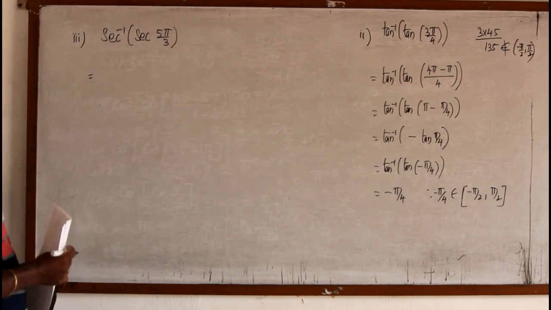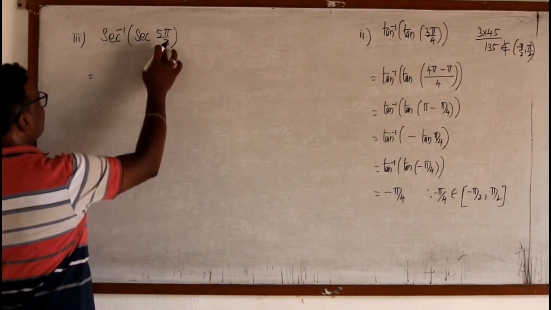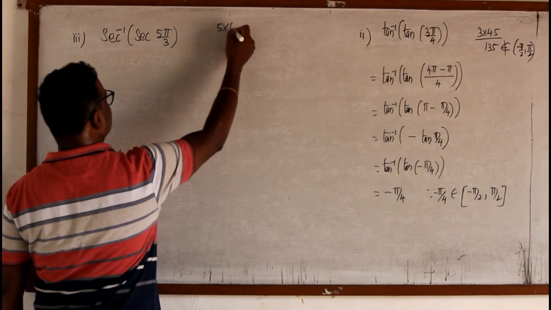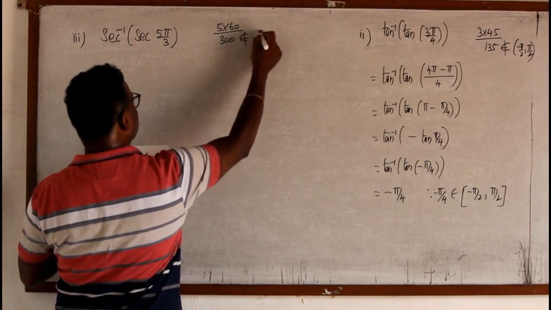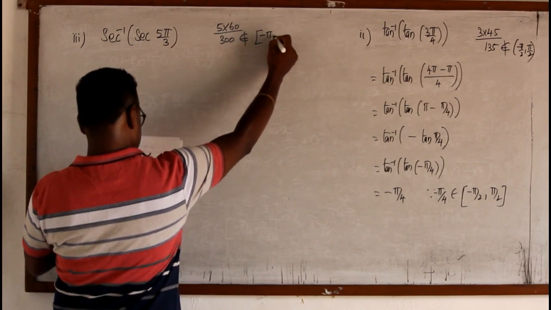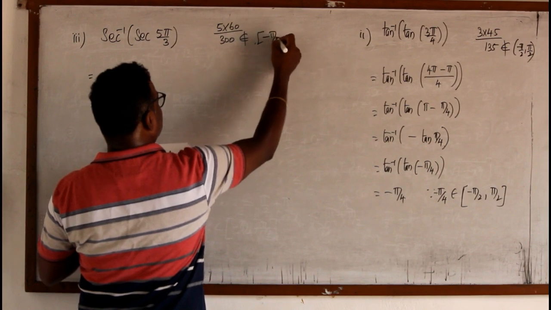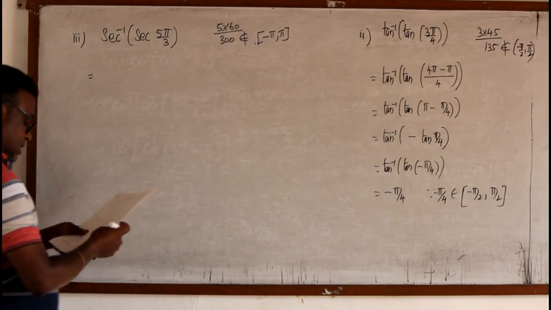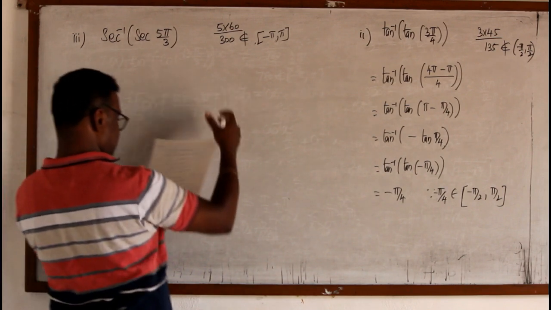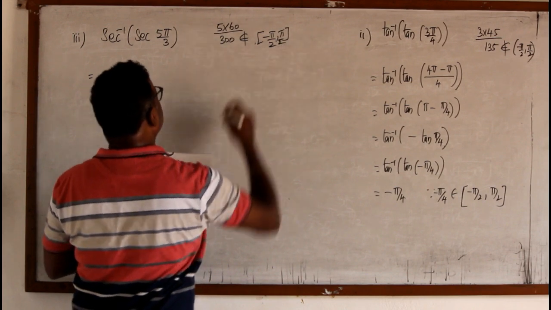Before cancelling secant and secant inverse, we must check whether this 5 pi by 3 belongs to that interval. 5 into 60, 5 sixes are 300. Does not belong to minus pi to plus pi. Therefore, minus pi by 2 to plus pi by 2, if I consider secant as.